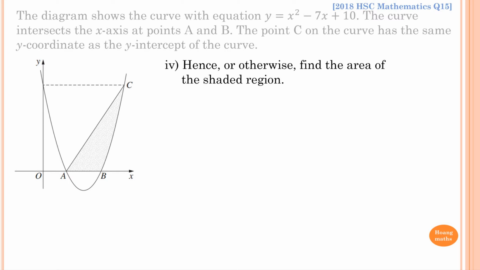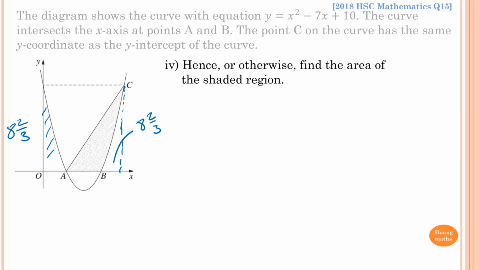So from the previous part, we know this one here is 8 and 2/3 units cube. So this means that from here to here, because it's symmetrical, this one is also 8 and 2/3.